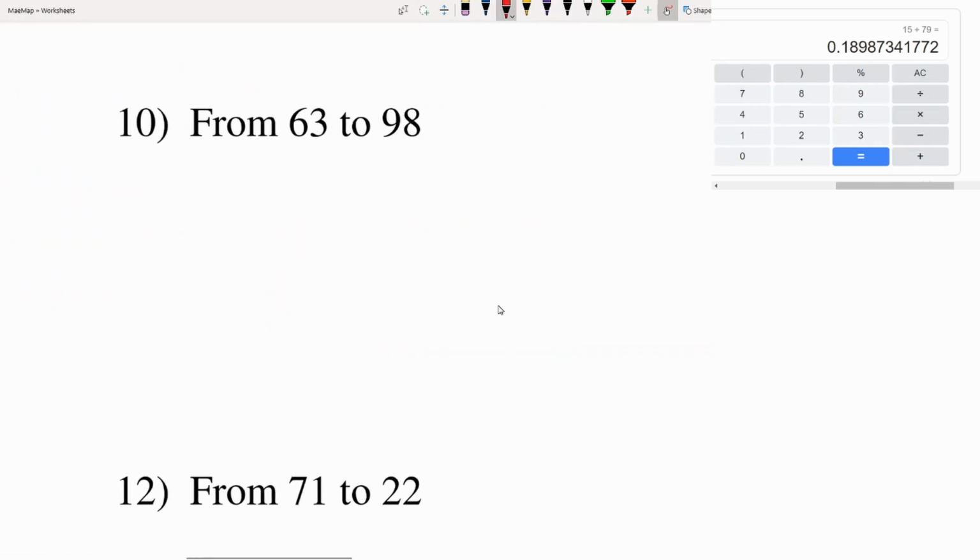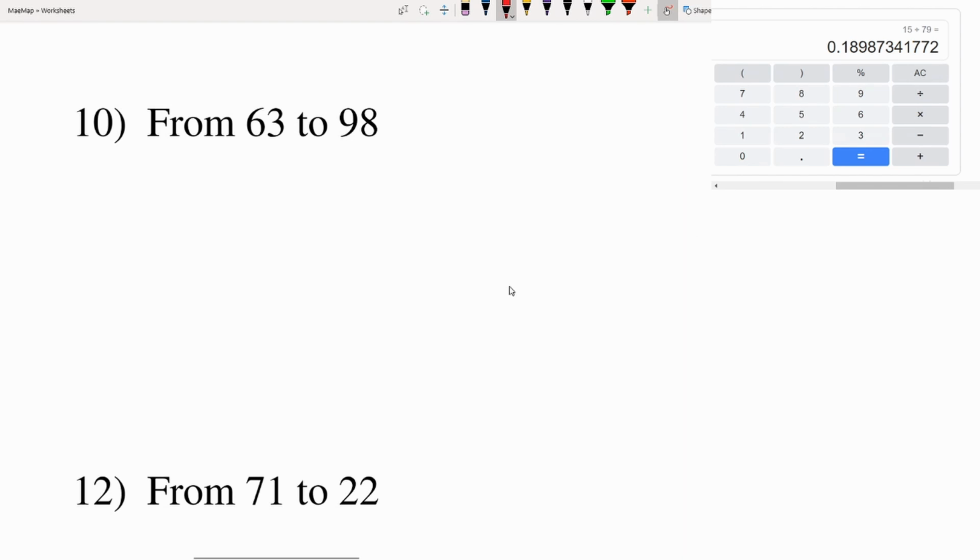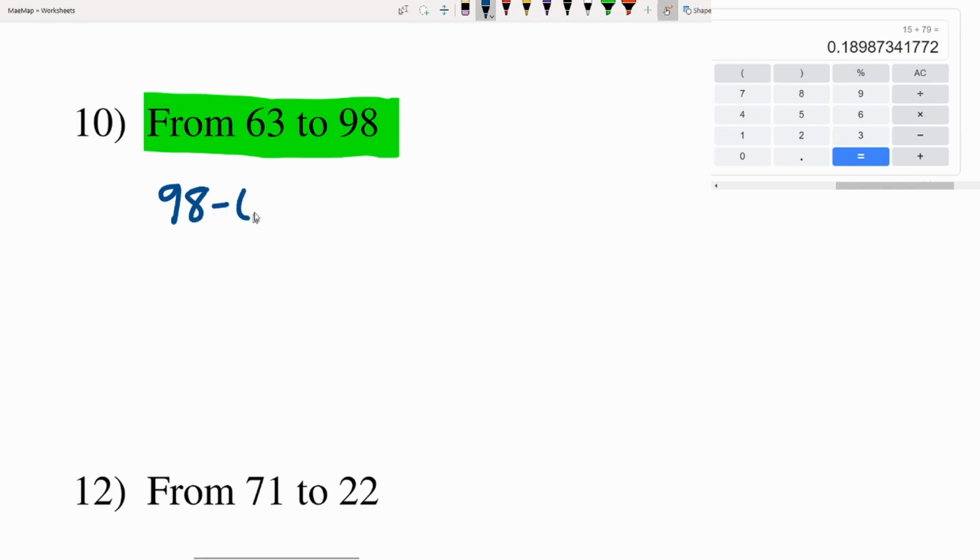Number 10, we're going from 63 to 98. So we know that number's increasing. And 98 minus 63 is going to leave us with 35.